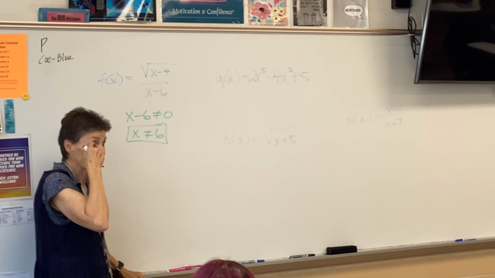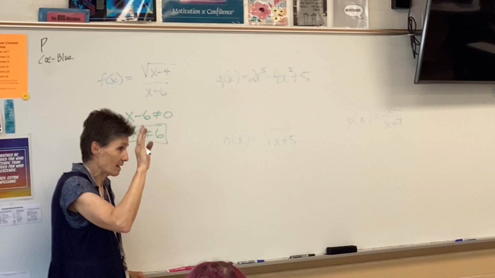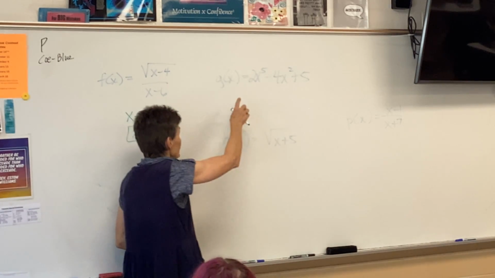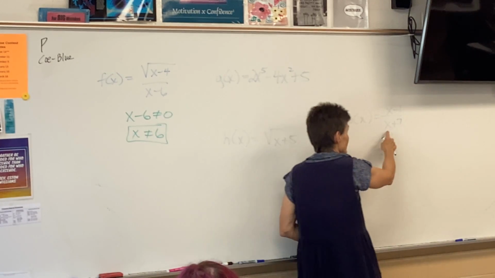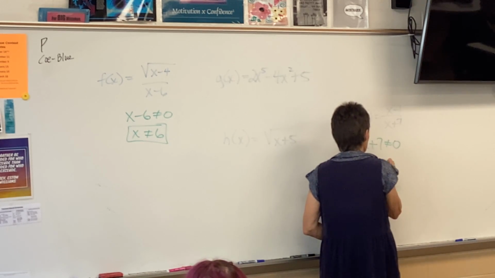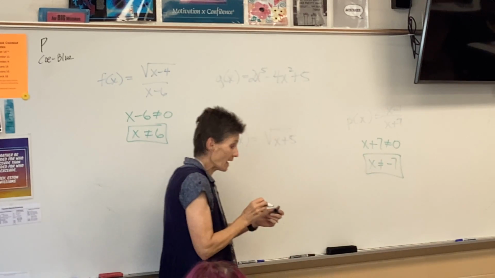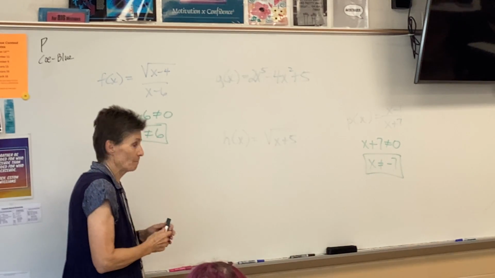Now, in a minute, I'm gonna go back and fill in the answer blanks. But right now, I'm just getting down what my rules are. No denominator zero. Oh, here's a denominator. x plus 7 cannot be 0, so x cannot be -7. That is rule 1.